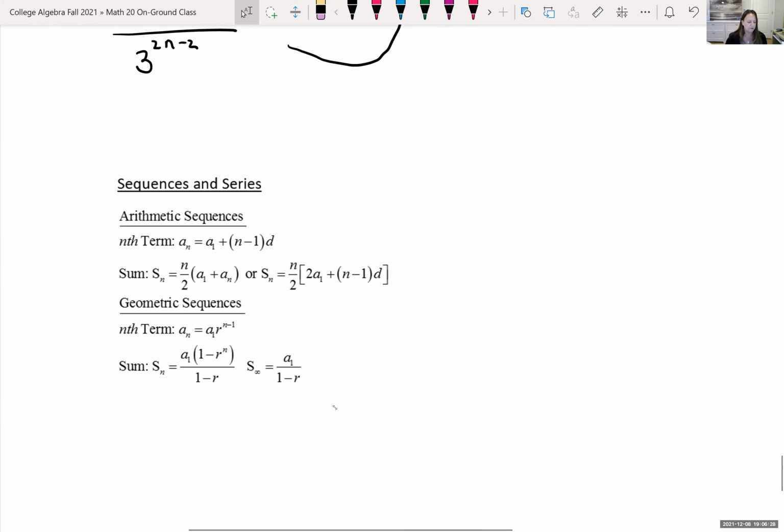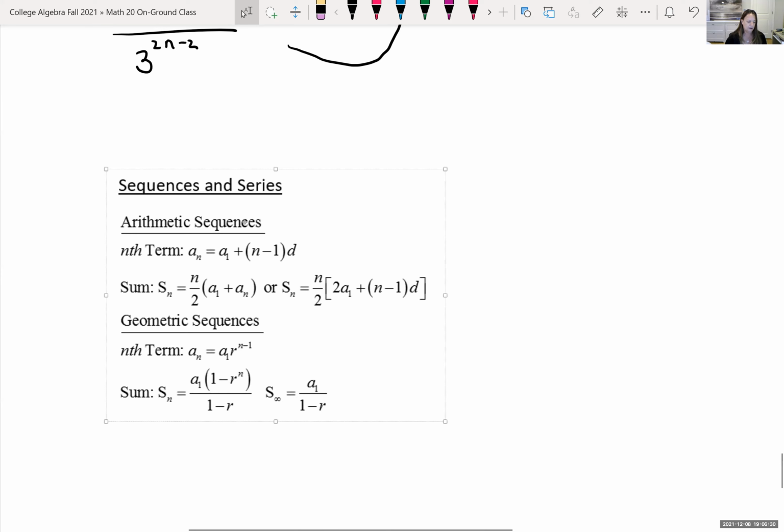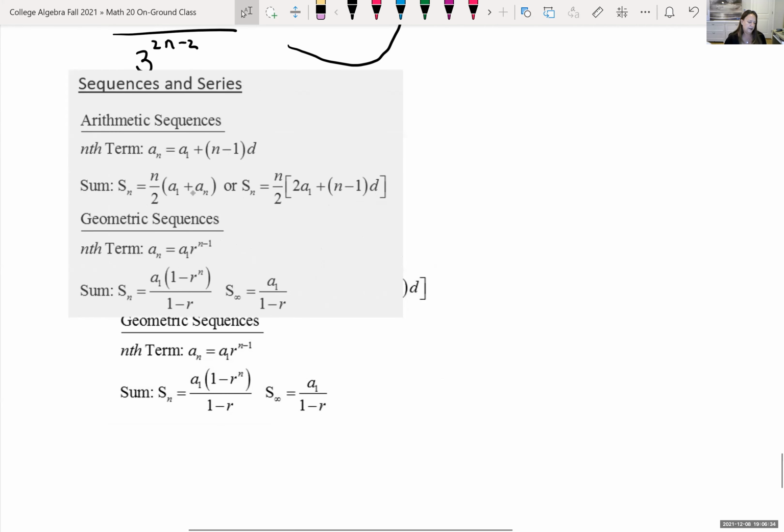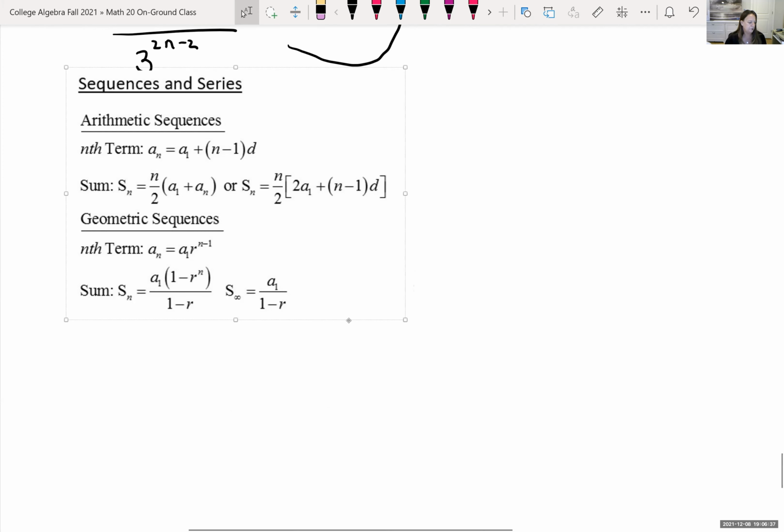Okay, I'm going to give you these formulas on the test. I'm not going to give you all those formulas. I'm going to give you the summation formulas. So I would give you the summation formula. I don't need both of them.